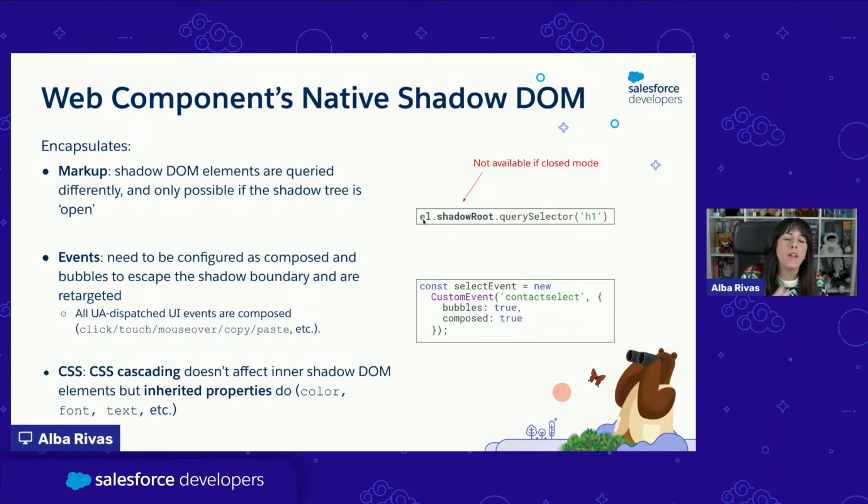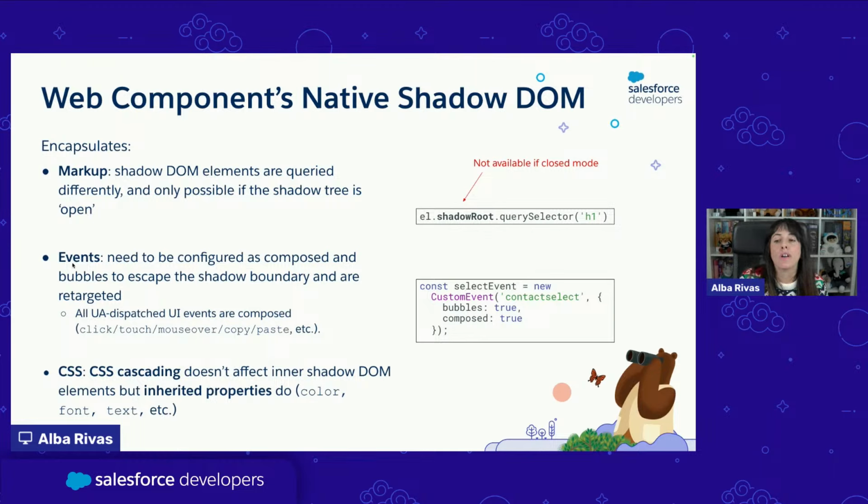If my component has a shadow root and some elements that hang from that root, then I won't be able to do document.querySelector or whatever to find elements that belong to that shadow DOM and that are protected. I will need to access them through the shadowRoot property of my element, and only if the shadow DOM was added in open mode, which is what we do in Lightning Web Components.